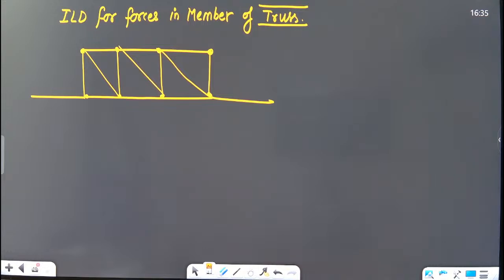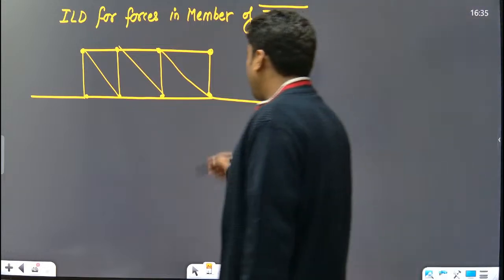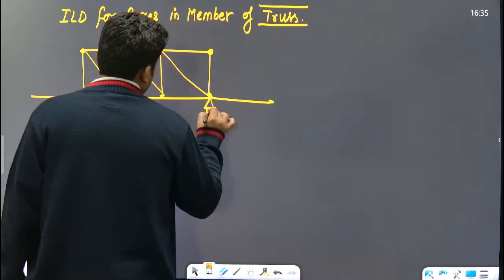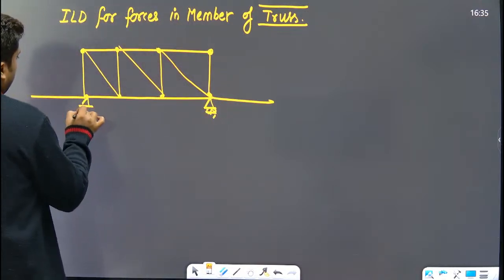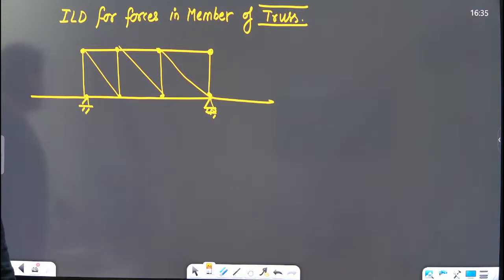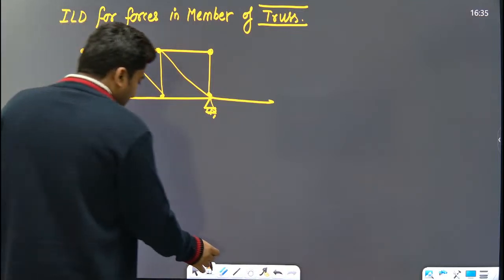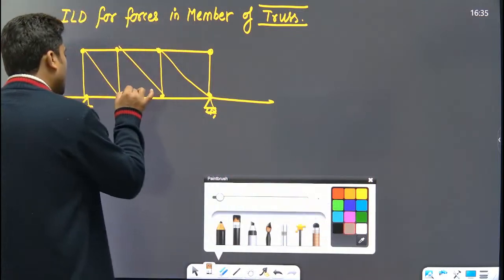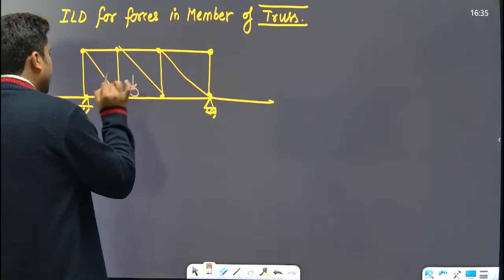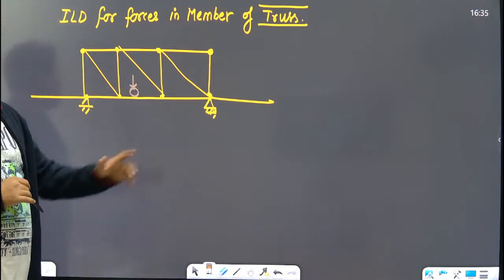Yes or no? But in actual, when we show this unit load over here, it does not mean that the unit load is moving on the truss. No.